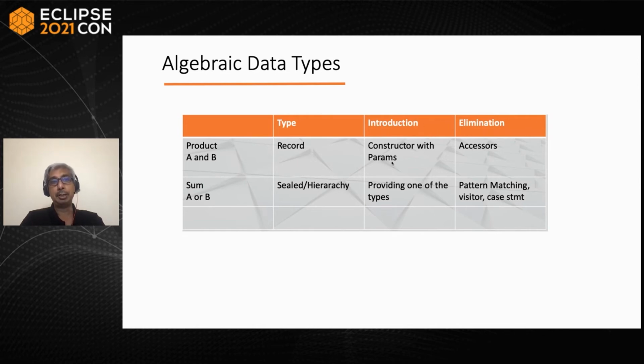Introduction is provided by construction with the parameters, and elimination, or usage of this type, is by accessors. Similarly, the sum is provided by the hierarchy, and you can use it by pattern matching, visitor, or case statement, etc. For completeness' sake, exponentials are given by lambdas, which were covered by Java long ago.